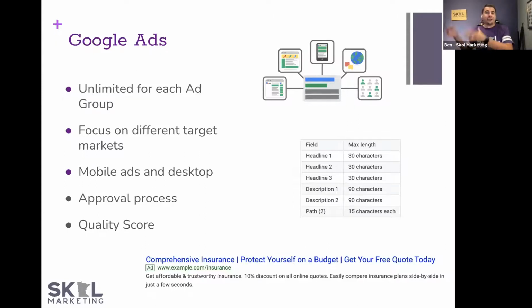So yes, you were able to supply what they were looking for, but Google's the one that did the intermediate work and got them to you. So at the end of the day, all I'm saying is we want to make Google look like a rock star, and we can help that process by having good quality scores on our different ads.